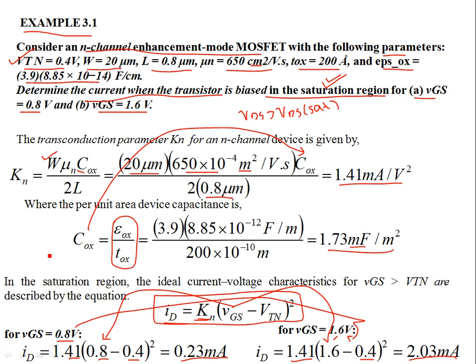But yes, you can vary the current by applying more VGS. As you see, as you have more VGS, the channel width increases, space charge density in the channel increases, and this results in more current, which is shown over here. Okay, that's all.